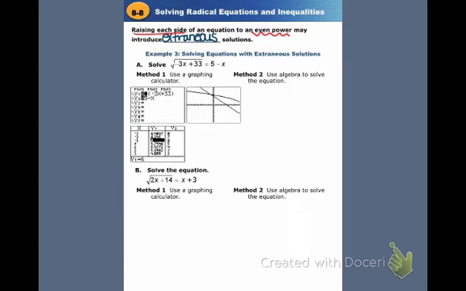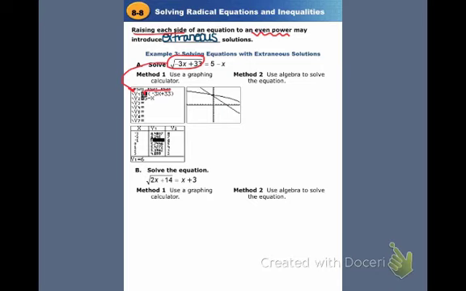So taking a look at this example, we're asked to solve the square root of negative 3x plus 33 equals 5 minus x. Now, one way to solve an equation is to utilize your graphing calculator. So if we were to put the left-hand side in y sub 1 in our grapher, it's kind of hard to see, but underneath that cursor is a square root, so you can't see it very well.